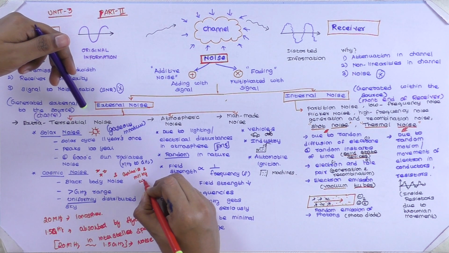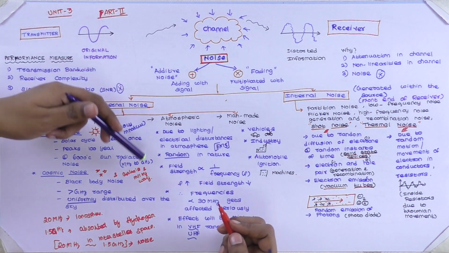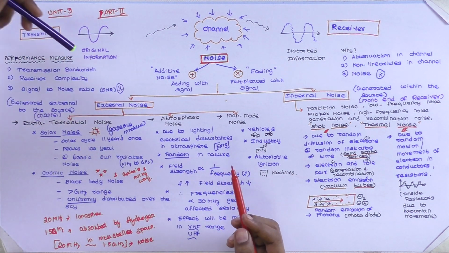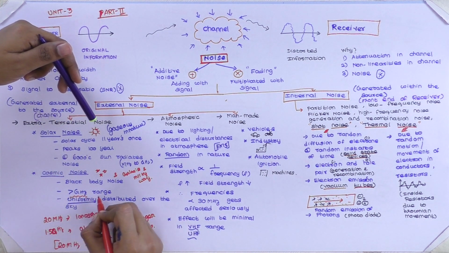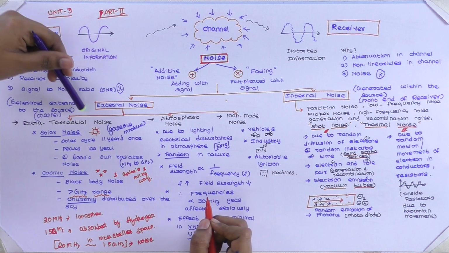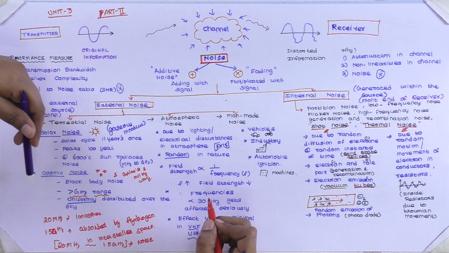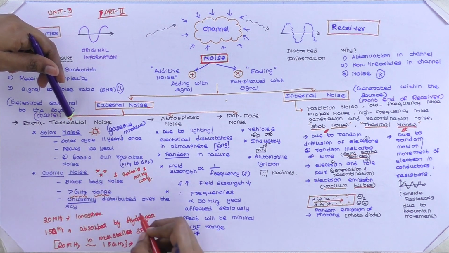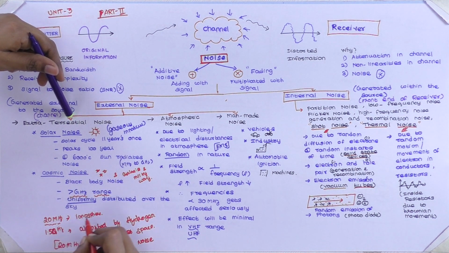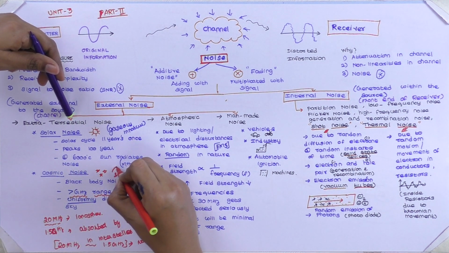In each system we have gaseous bodies, so all these systems contribute noise. Therefore it has a range greater than gigahertz and is uniformly distributed over the sky. This concept is entirely for cosmic noise. So it varies from a few megahertz to a few gigahertz.